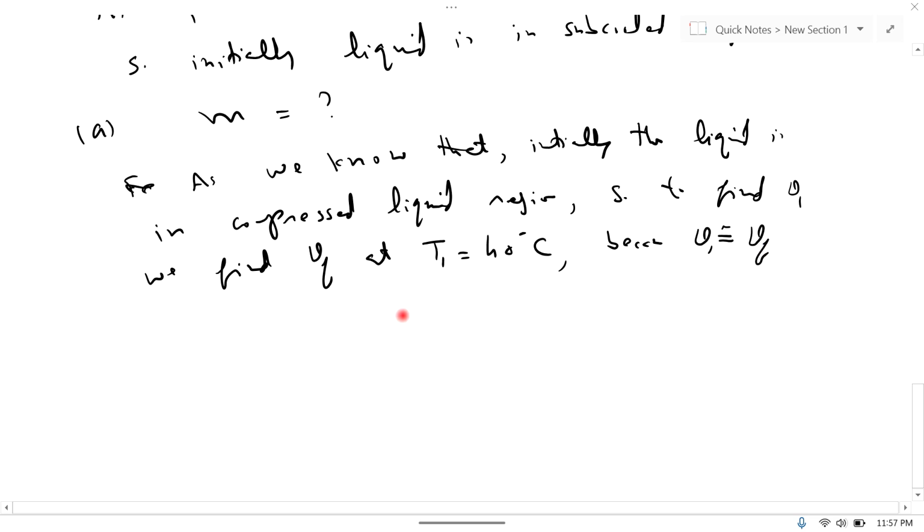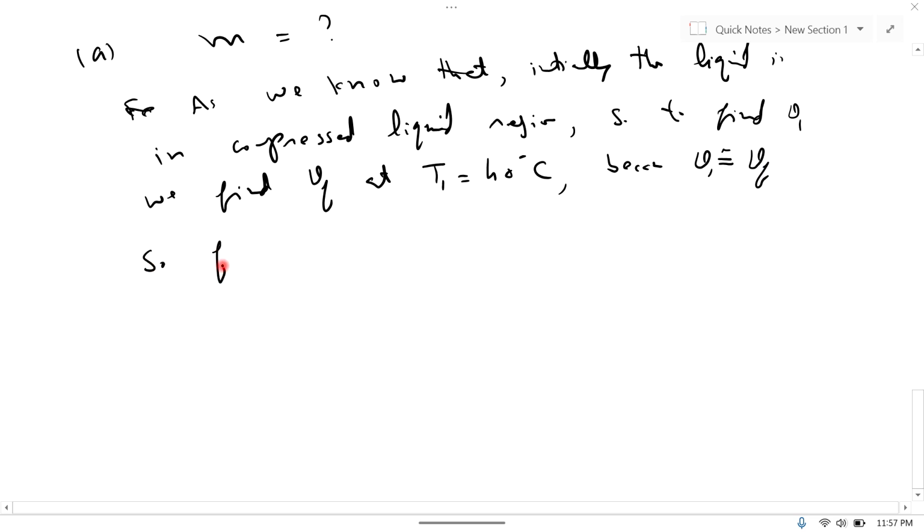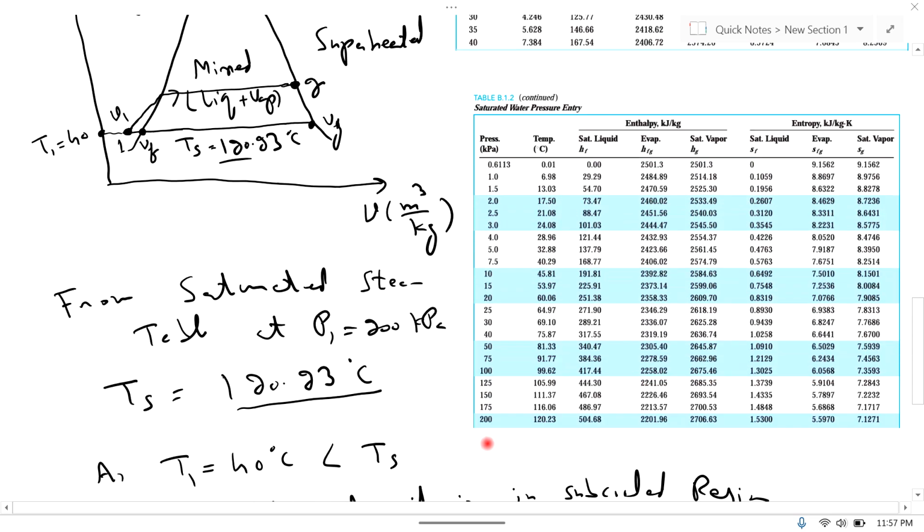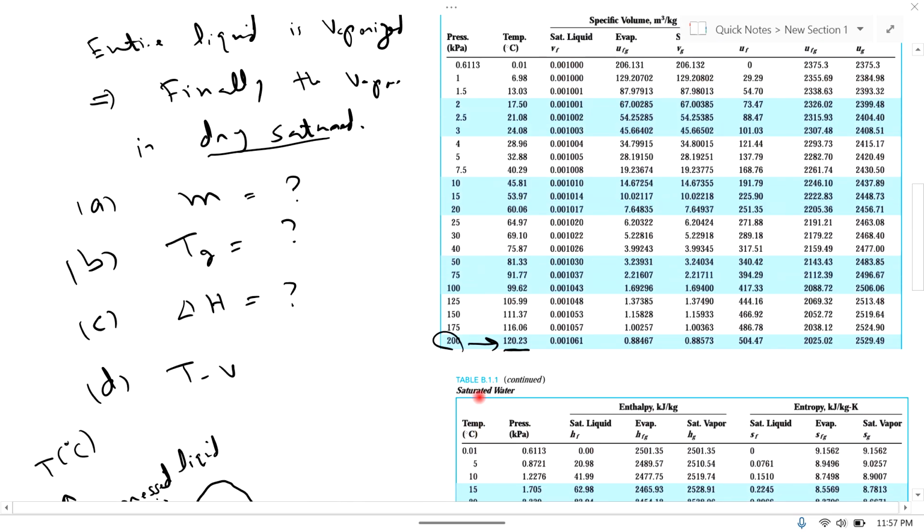So from the saturated steam table, at temperature T1 equal to 40 degrees centigrade, V1 is equal to Vf, you can find the value from this table.